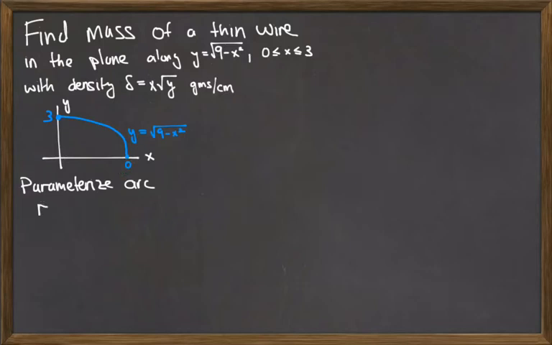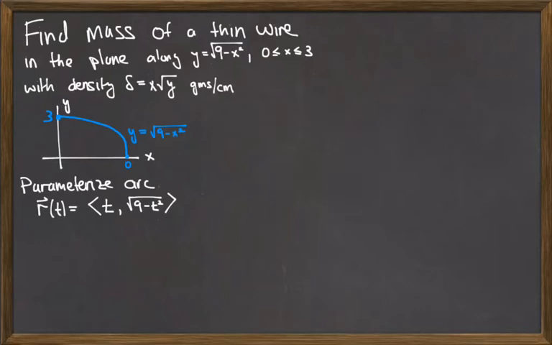Therefore, one parameterization will be to take my parameter t to be the x-coordinate. So r of t has x component t itself. And then to ensure that I stay along this curve, I need my y-coordinate to be the corresponding value on this curve for that value of t. So I'm going to take it to be the square root of 9 minus t squared.